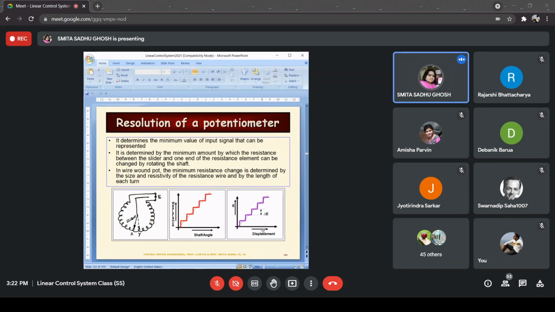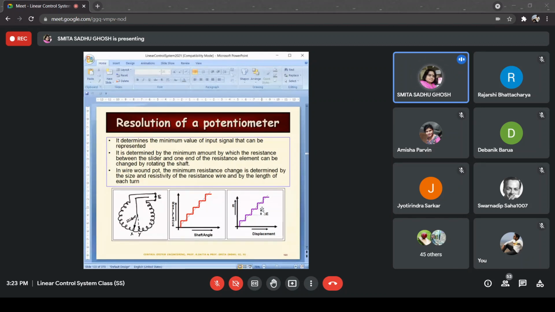The next diagram shows something similar but on a different axis. The angular displacement is on this side, whereas here we directly show the EMF. EMF is going to be proportional to the resistance, as we stated, so the characteristic is going to be similar. The only thing is that here we can indicate the minimum amount of change in the voltage that we are going to be able to get. So delta E is the minimum EMF change which can be indicated at the output side.